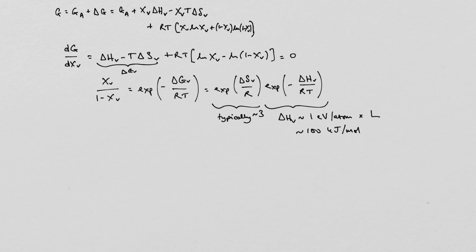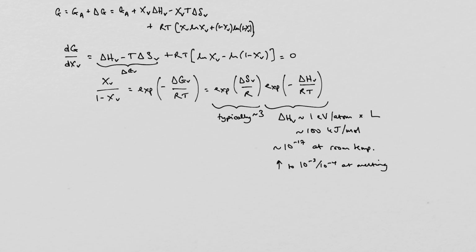Which is typical, and this whole number is about 10 to the minus 17 at room temperature, but it increases to, say, 10 to the minus 3, 10 to the minus 4 at the melting point. Okay?